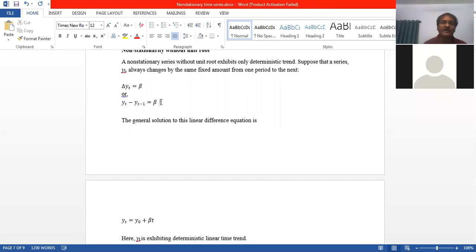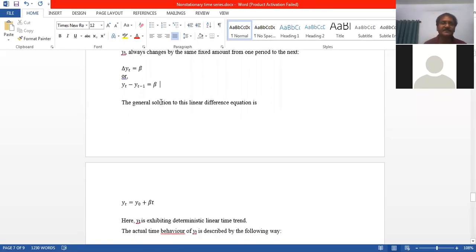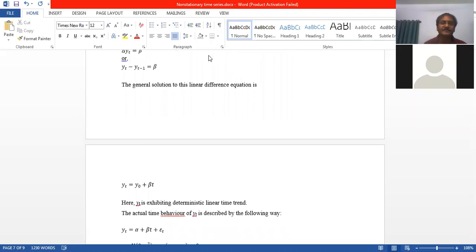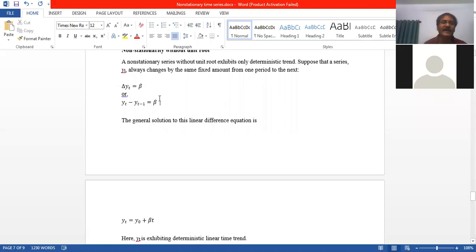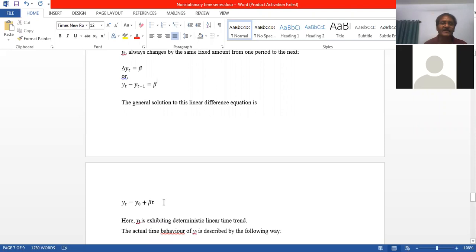And you can solve the first order linear difference equation and you get the general solution like this: yt is equal to y naught plus beta into t. If you follow a simple process like the process of iteration, as we have followed already in our earlier cases, just by setting t is equal to 1, 2, 3, etc., you will get this expression.